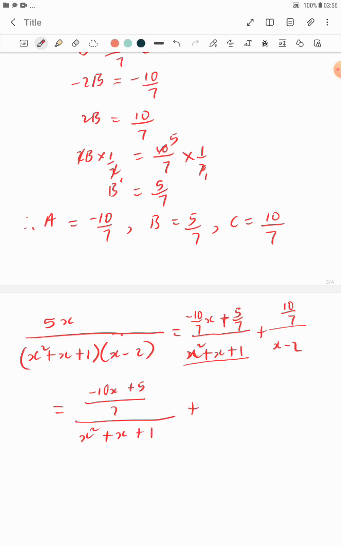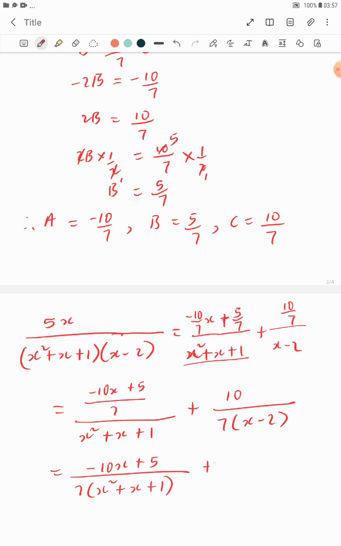This will automatically become 10 over 7 bracket x minus 2. So we have minus 10x plus 5 over 7 bracket x squared plus x plus 1, then plus 10 over 7 into bracket x minus 2. You can leave your answer like this.